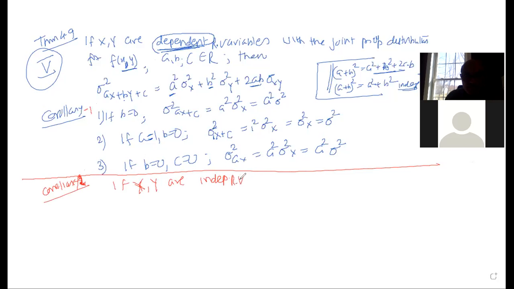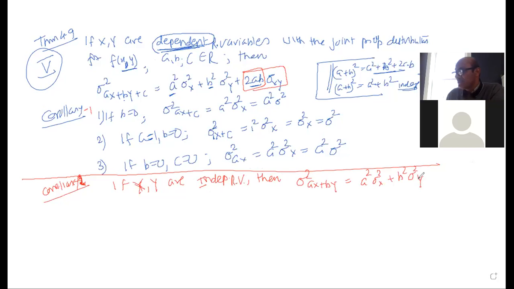If x and y are independent random variables, then sigma square of ax plus by, for independent random variables, means this two part will not be there. That means you are going to get a square sigma square x plus b square sigma square of y. That's it.